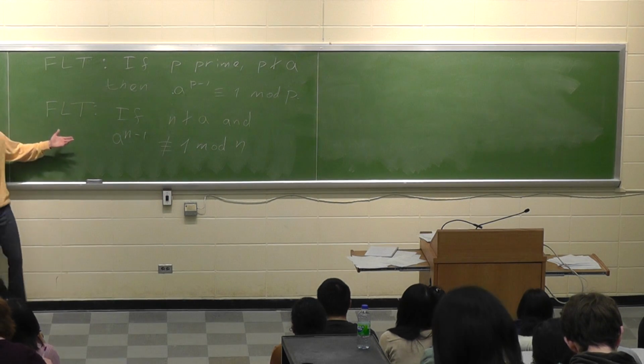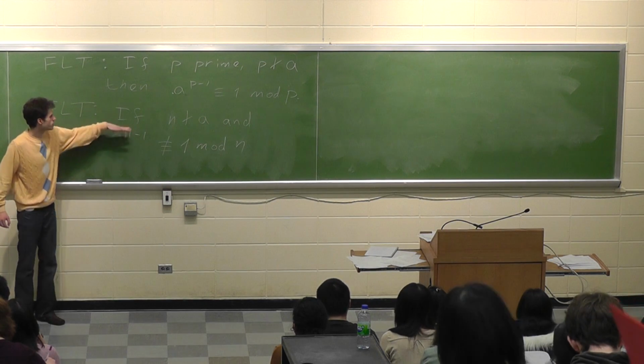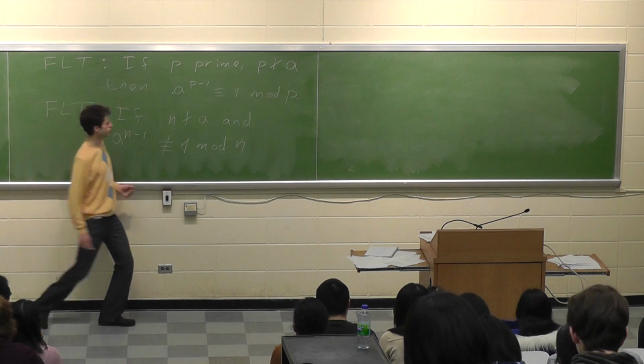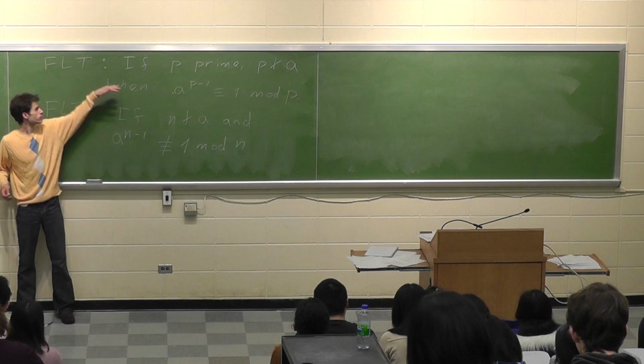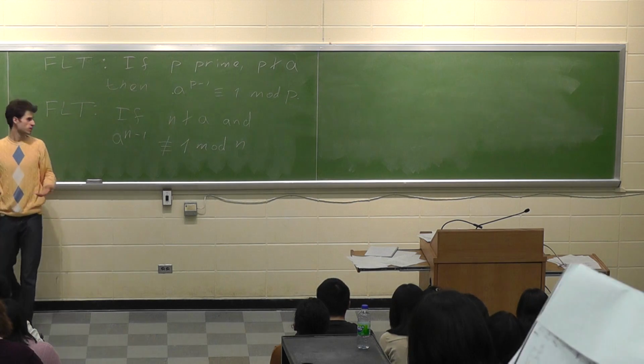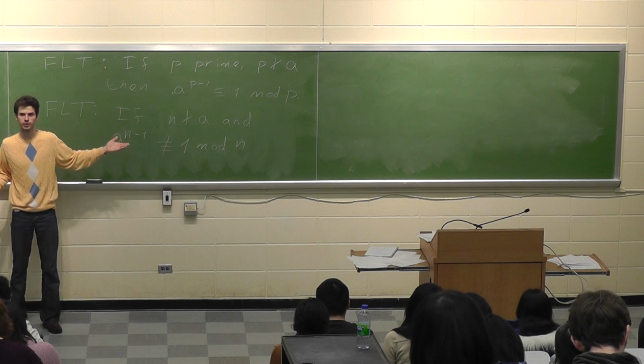If you have some number a such that once you raise it to the power n minus 1 and reduce modulo n, you don't get 1, then according to Fermat's theorem the only possibility is that n is actually not a prime number.